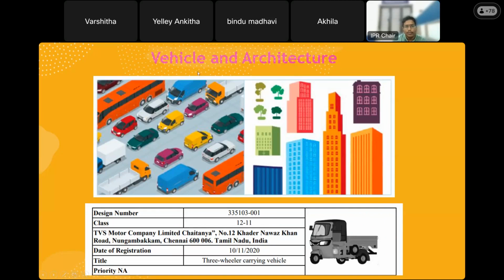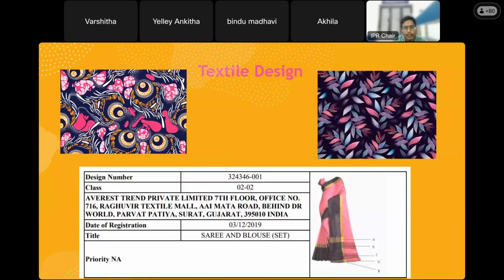So vehicle appearance and also architecture. This design also you can protect through industrial design. And as I said, two-dimensional textile designs also you can protect. Even for dresses, whatever the design on top of the dresses, you can protect. This is the class number, and this is the creator address and date of registration and title.